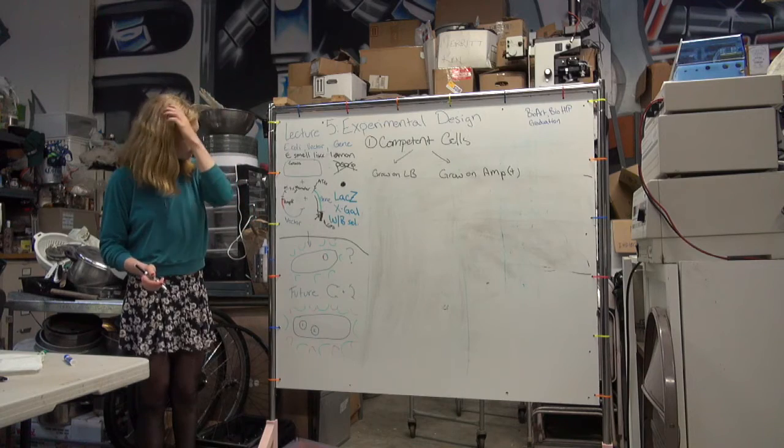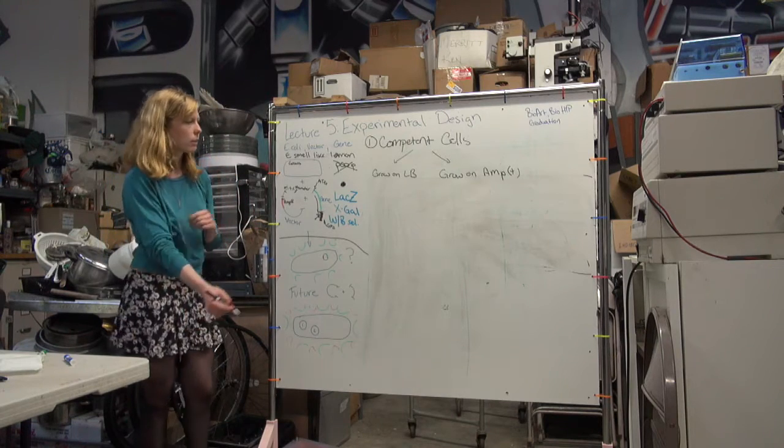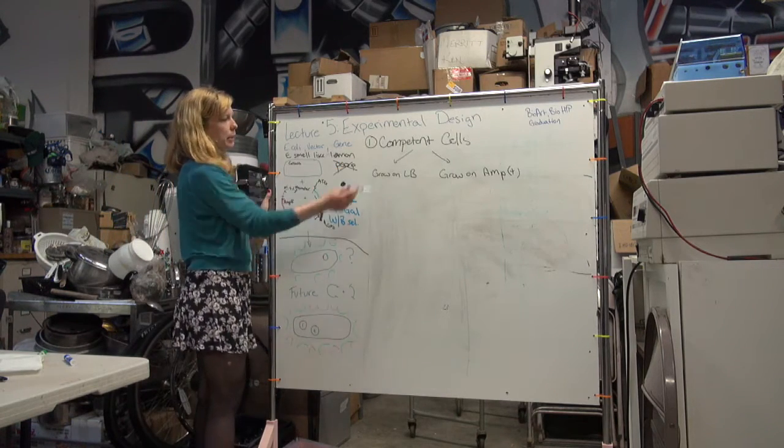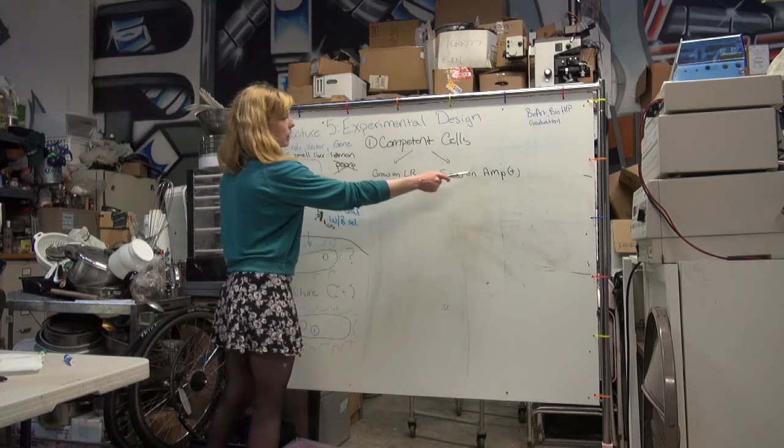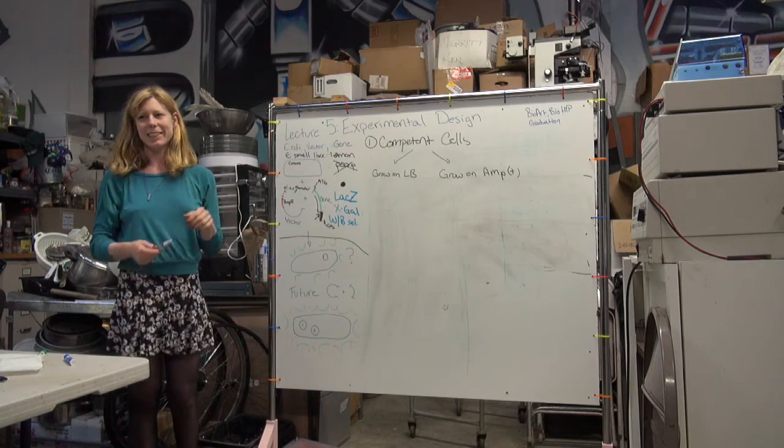Right? So if they don't grow on LB, we need new competent cells. If they don't grow on ampicillin plates, we need new competent cells.